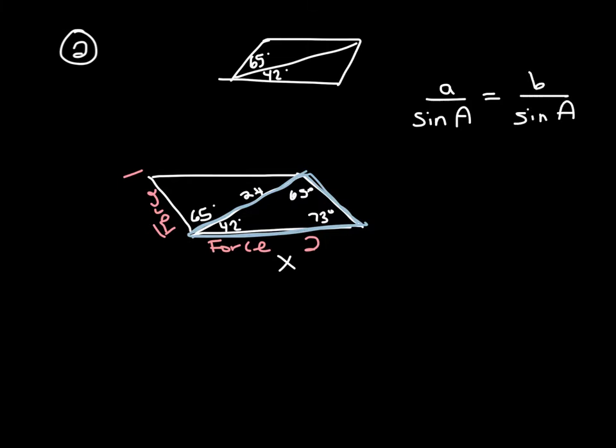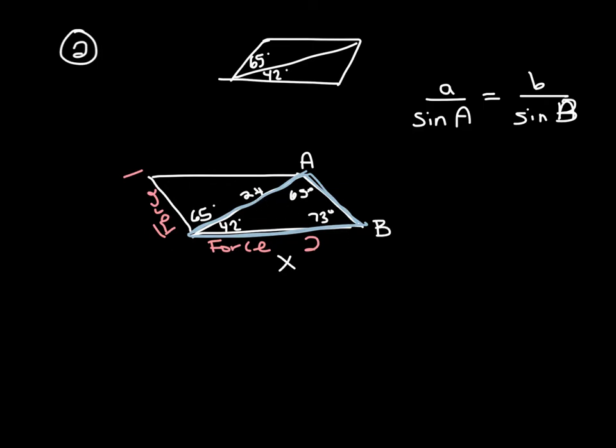Now you don't have to label your sides A, B, and C, but if it helps you, you totally can. So a and b, lowercase, represent the two sides we know. So let's just call this x side A, so that would make the angle across from it angle A. If we're calling this side B, then angle B would be over here across from it.